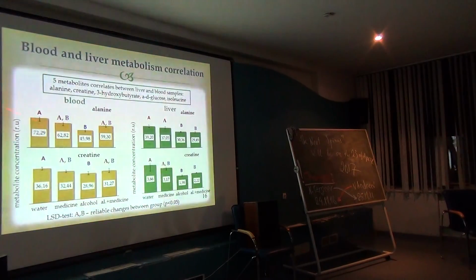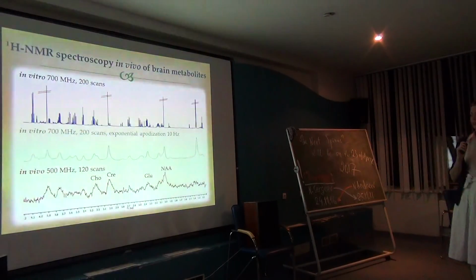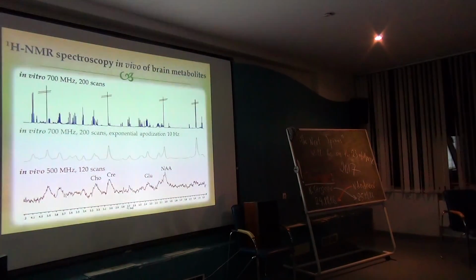Here you can see that the changes are similar. And this is a picture of a small comparison of in vivo and in vitro spectroscopy. This is the in vitro spectrum, this is also in vitro but with exponential apodization, and here is in vivo. So they are quite similar.